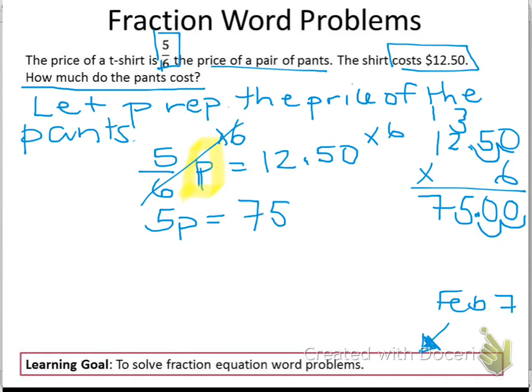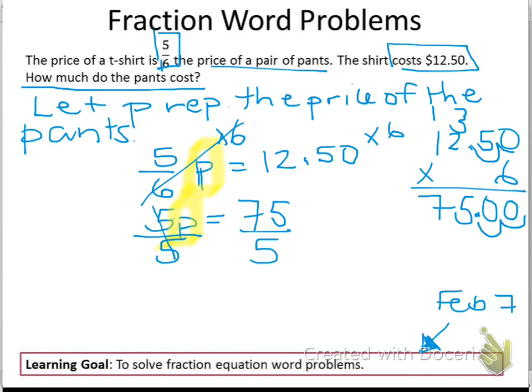Now, we still need to get this P here by itself, and it still has something attached to it. And remember, between this 5 and the P, there's a secret dot, which means times. So we need to divide both sides by 5.